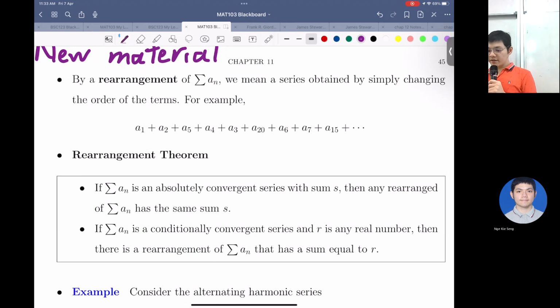The first theorem is: if the sum of a_n is an absolutely convergent series with sum x, then any rearrangement of the infinite series has the sum x. So what does absolutely convergent mean?